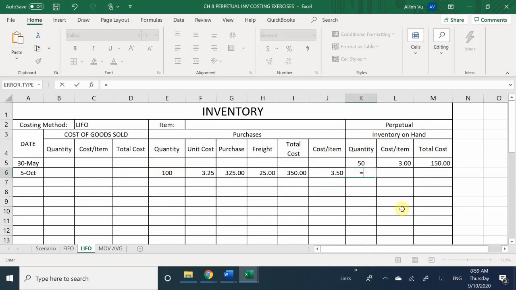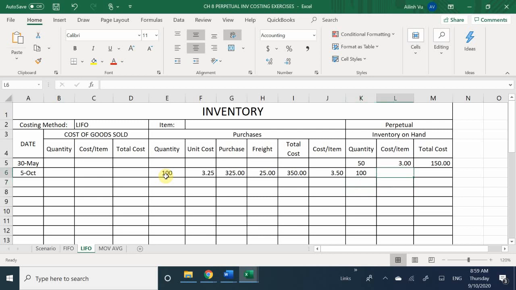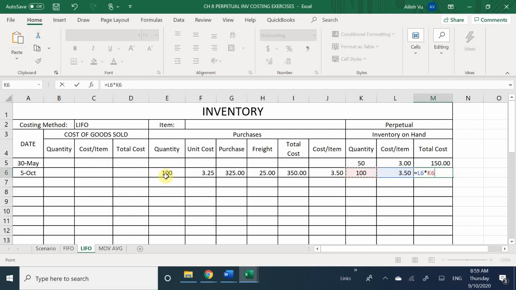Okay, so I'm going to transfer this information over. 100. My cost per item is this number, and I'm going to multiply across, and 350 should be my answer.